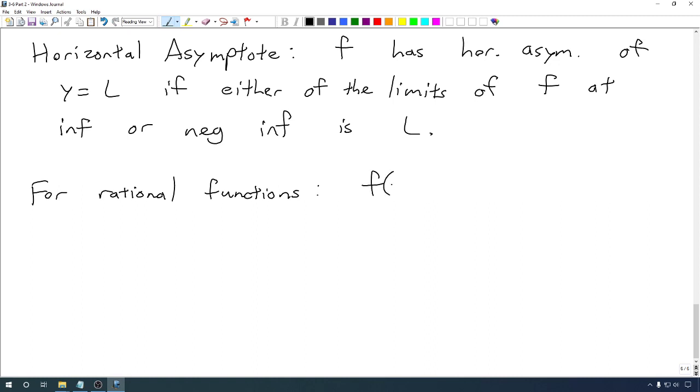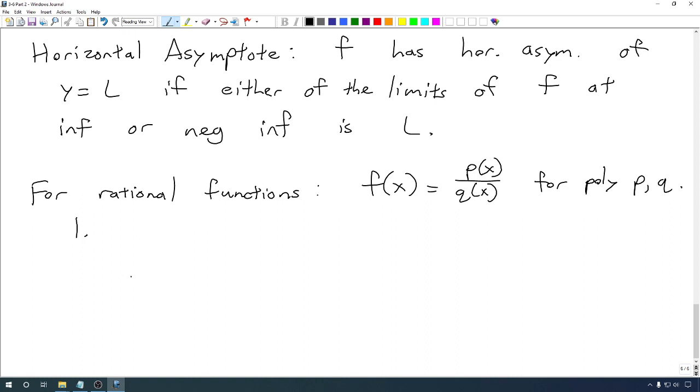So some function of the form f of x is p of x over q of x for polynomials p and q. And in those situations, we can do exactly the same techniques that we applied to problem 44 to get some general rules. In fact, we're just going to go ahead and use these rules in most of our problems.